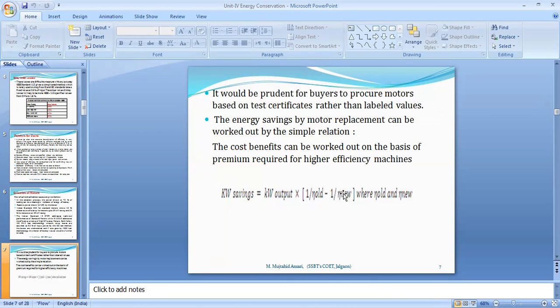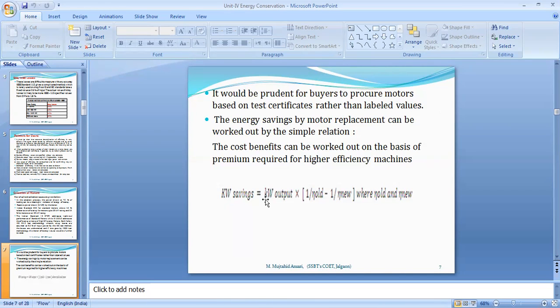So definitely the new machine's efficiency is higher, and we will get a positive value factor, multiplied by the output power or the capacity of the motor. So it will give the kilowatt saving of the motor. For example, on the 50 kilowatt motor, the saving is 2 kilowatt. So the 2 kilowatt is going to run 24 hours, 365 days.